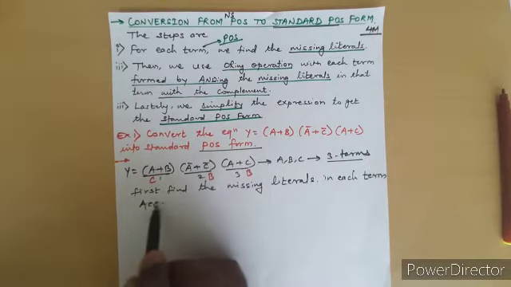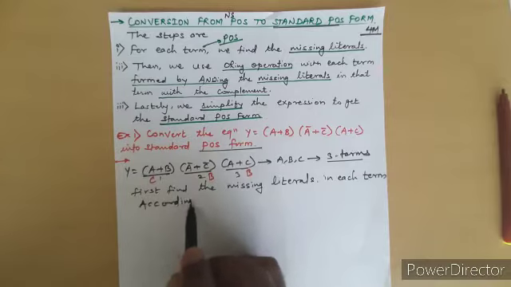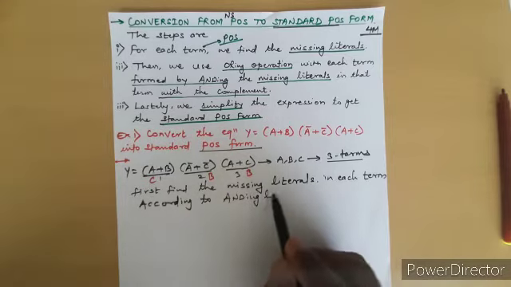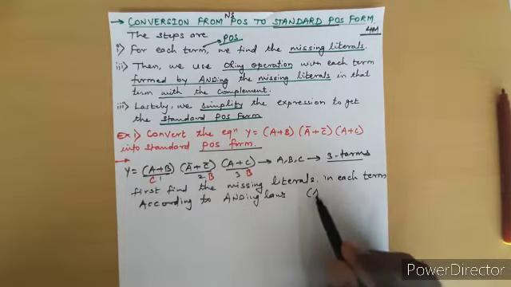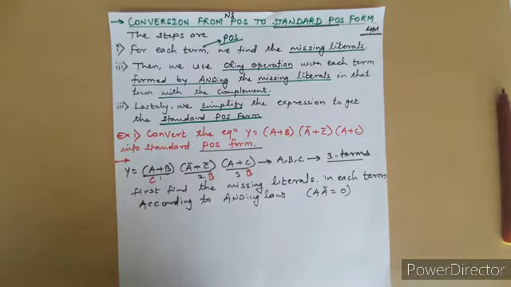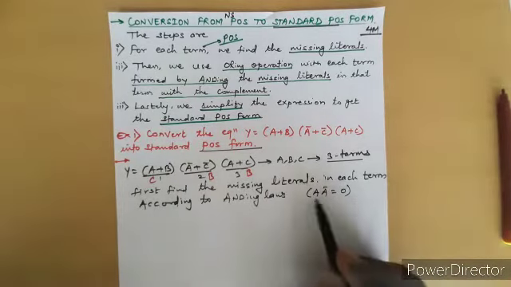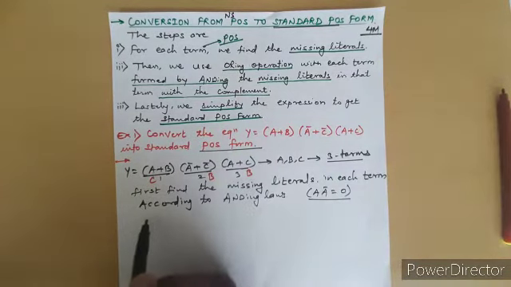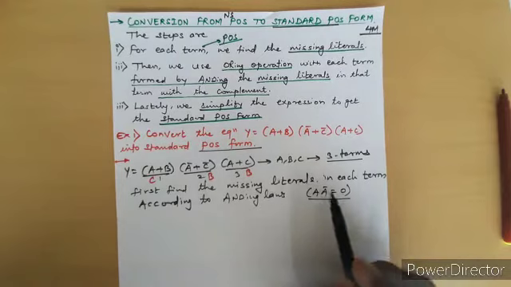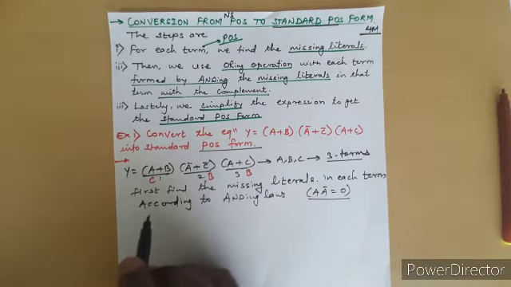Now according to the ANDing laws, can I say A into A bar is 0. So I am just going to add in each term these missing literals.